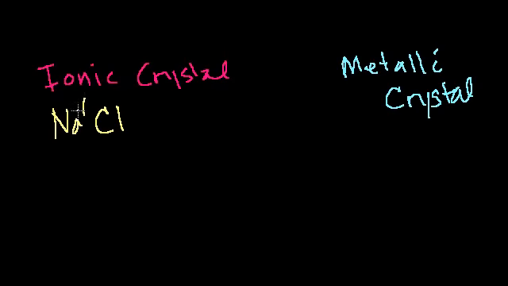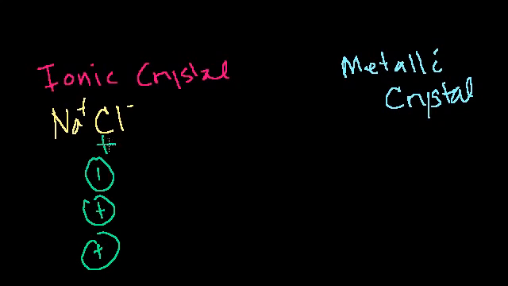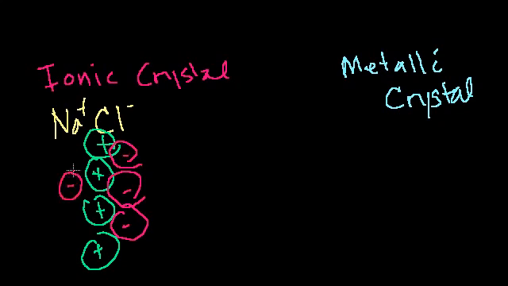So you have a positive sodium ion and a negative chlorine ion, and the structure is going to look something like this, where let me do the sodium in green. You have a bunch of sodium ions that are positive, and then you have a bunch of chlorine ions that are negative. This isn't the exact way that they actually are, but I think you get the idea that one atom is positive and one atom is negative, so they really want to be close to each other.